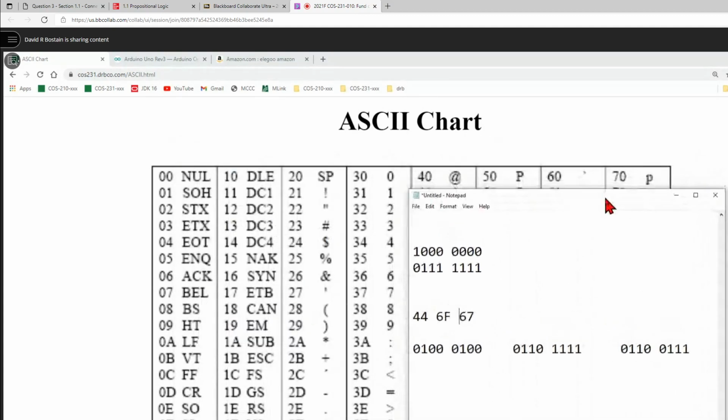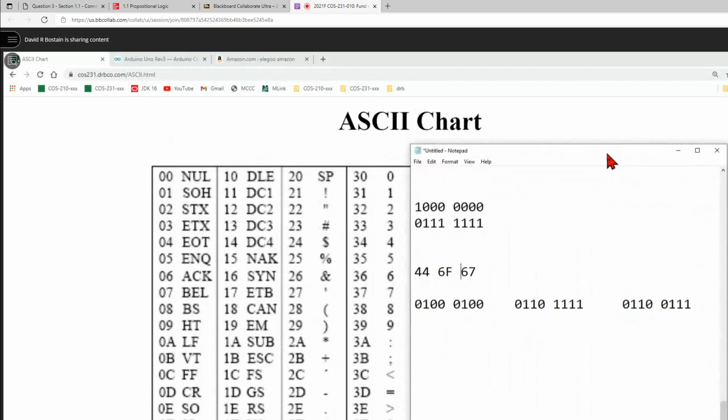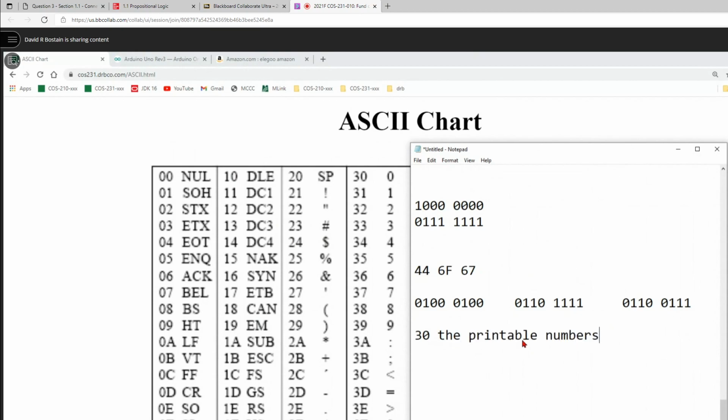Now, I'm not going to make you memorize the table, but there are some anchor points that you do need to memorize. The first one is at hex 30, where the printable numbers exist. What's the formula for finding one? Let's say I wanted the number 5. I'm just going to take a 3 and replace the 0 with a 5.